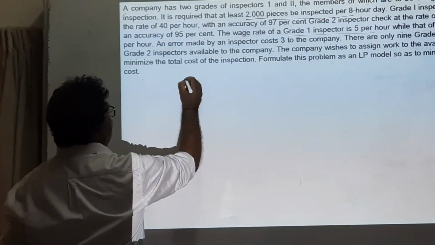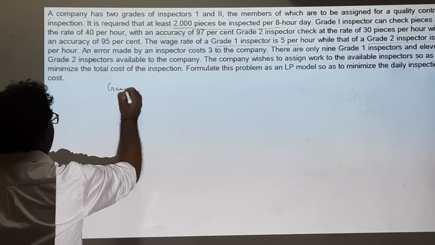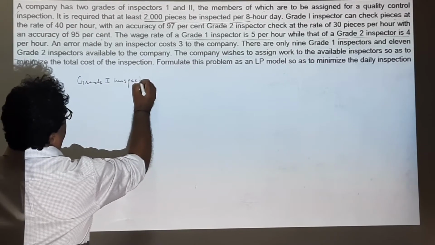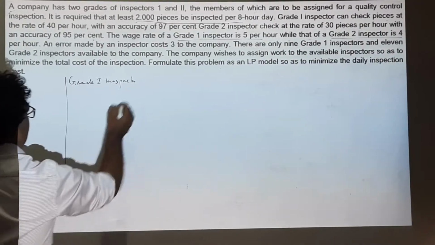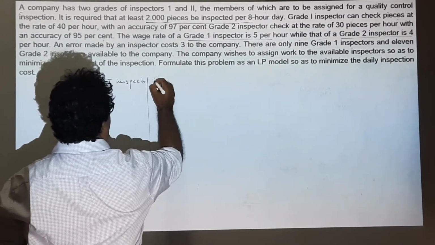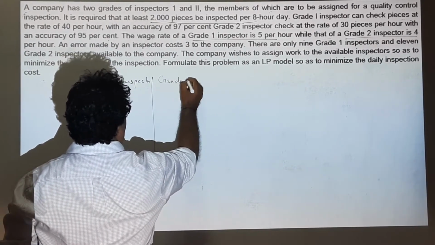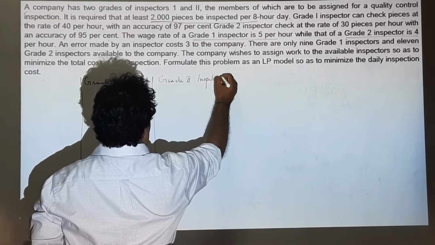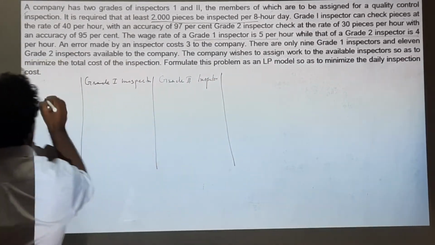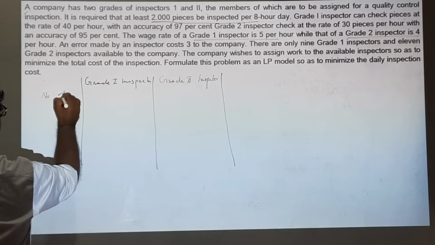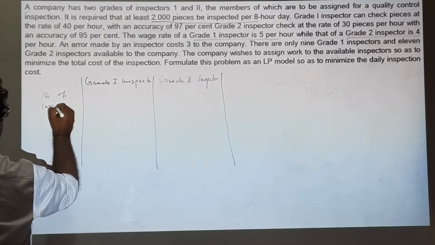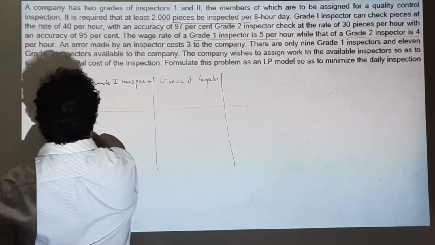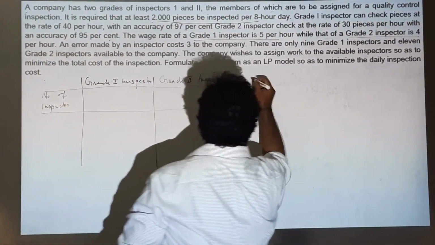We have grade 1 inspectors, and we have grade 2 inspectors as well. And the number of inspectors chosen, and this is available.